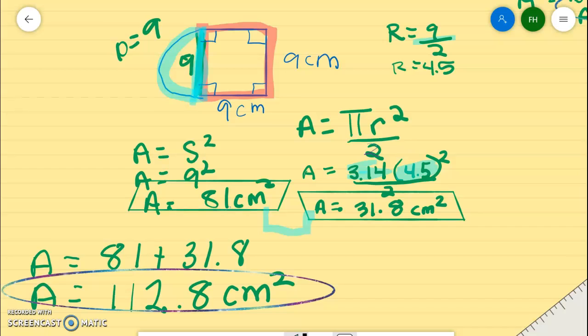So when I added those two together, I got 112.8 square centimeters. That is a lot of steps, so you really have to know your formulas, and a lot of students get confused on the radius because they forget what to do if they have the diameter. If you have the diameter and you need the radius, remember the radius is smaller, so you have to divide it by 2.